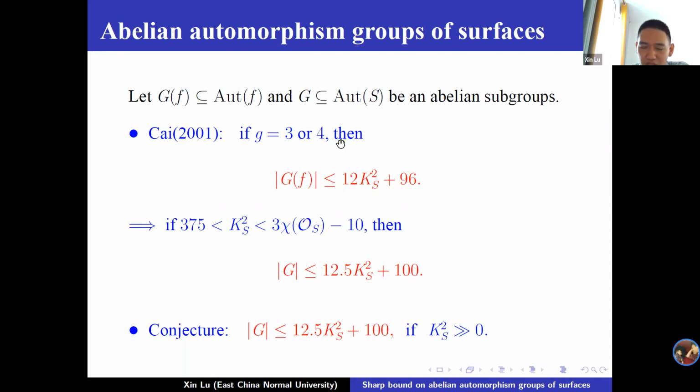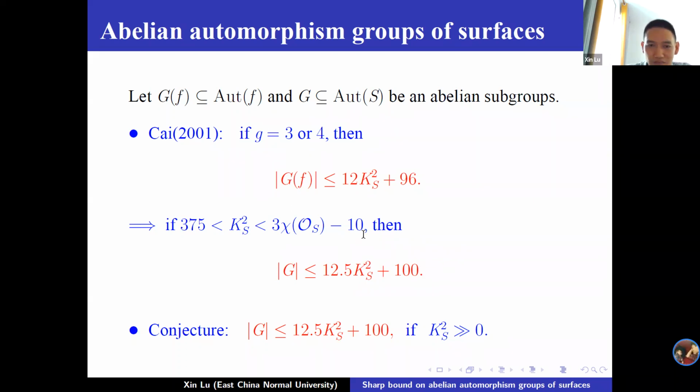And based on this result, he was able to prove that for any surface of general type whose invariants satisfy these inequalities, the abelian subgroup is bounded from above by 20.5 times K_S square plus 100.